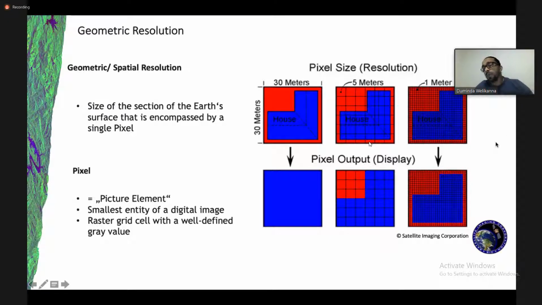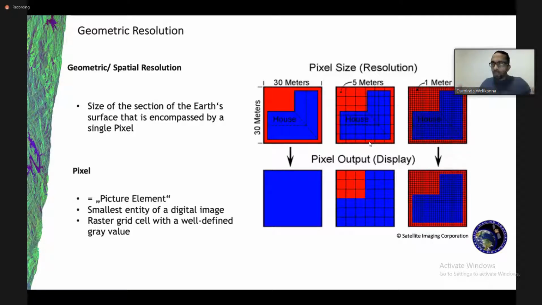And if you go to the next one, it is 1 meter, you can see up to 1 meter area. That means if there are 2 people inside 1 meter, at least you will be able to see 1 person inside that pixel.